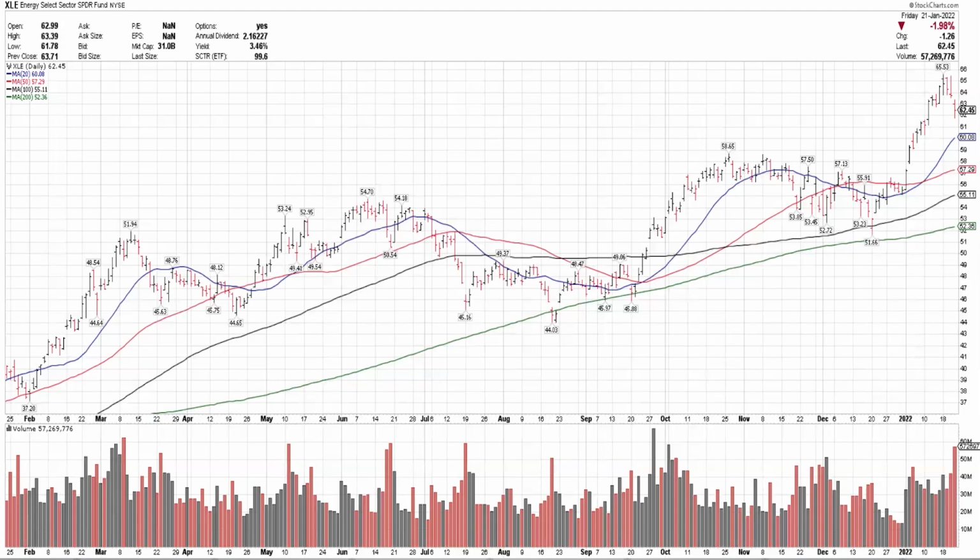Now, keep in mind, coming into today, the S&P 500 is down, NASDAQ 100 is down. Most S&P sectors are down on the year. XLE is the number one sector year to date. Coming into today, it was positive for the year, and it also has the strongest relative strength.